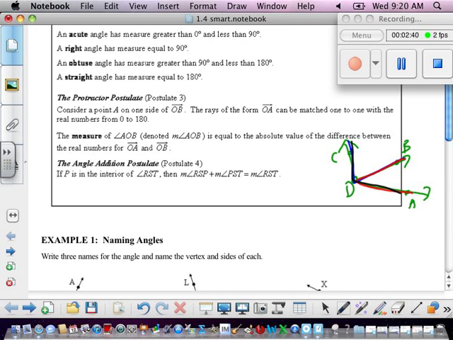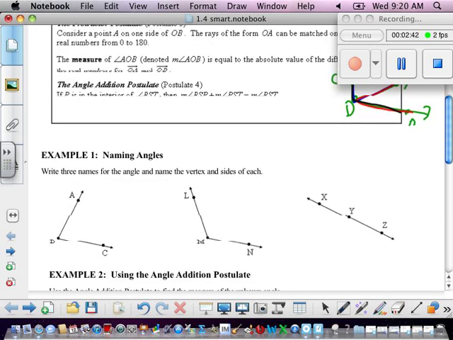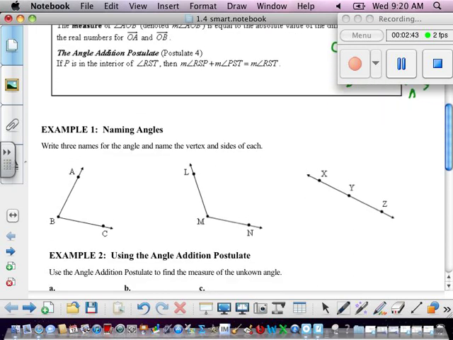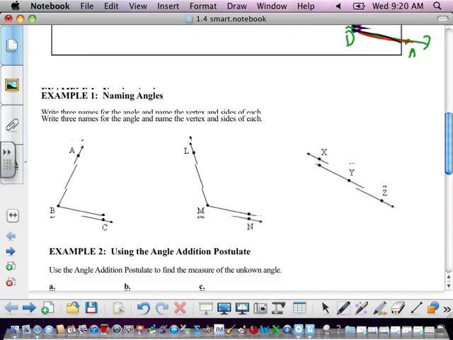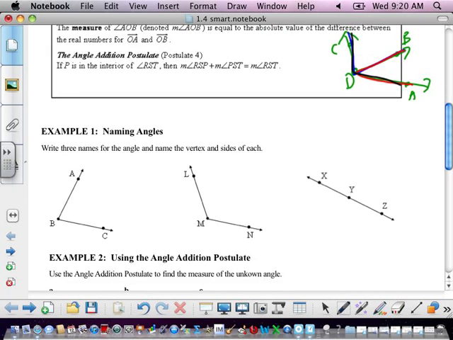We are going to talk about naming angles now. Angles can be named in a couple of different ways. First, we've got angle ABC.